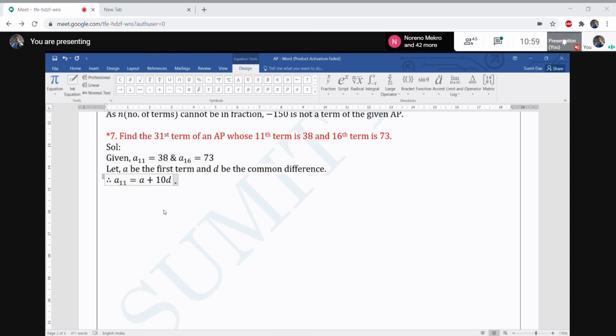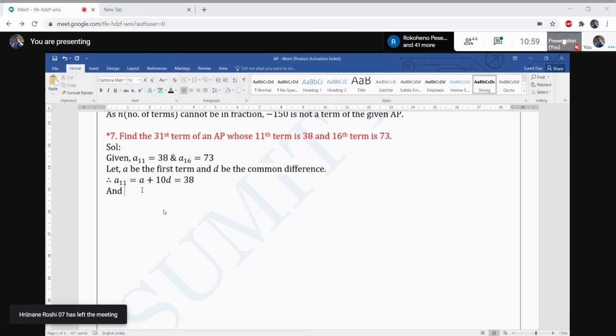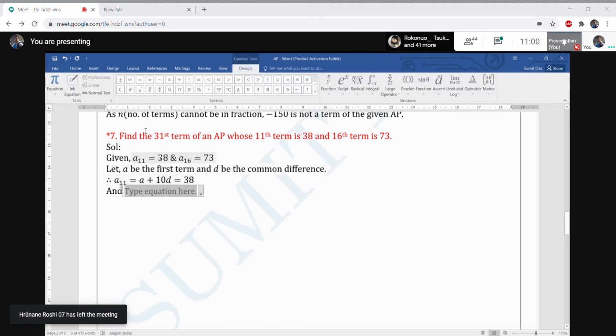Using a plus (n minus 1)d, for the 11th term it is 10d, which is equal to 38. And a16, which is equal to a plus 15d, is equal to 73. Fine.